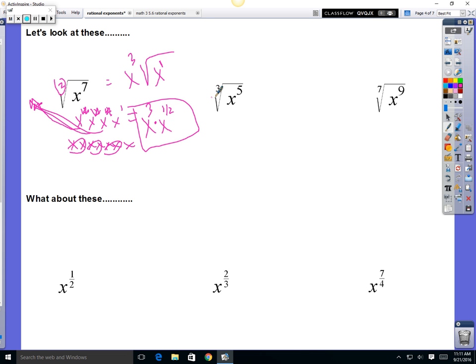Okay, let's do a harder one. So the index is 3, that means it's a cube root. So they come out in groups of 3. So if you got 5 x's, x, x, x, x, x, that's a cube. You've got 1 cube and you've got 2 left over. Okay, this cube root is going to kill a cube. So you're going to have 1 x on the outside and then a cube root. You've got 2 left inside.